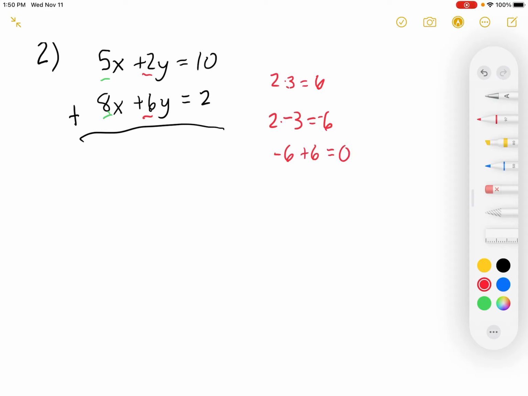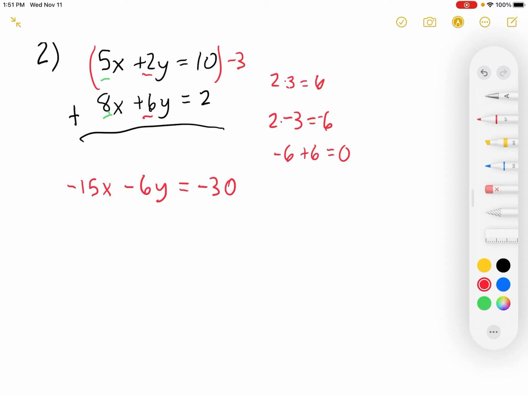So let's go ahead and multiply everything in the top row by negative 3. So that'll be negative 15x minus 6y equals negative 30. We can do this because if you multiply everything by the same number, it all stays the same, right?